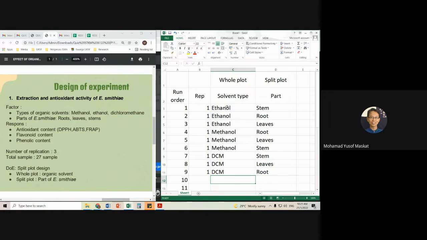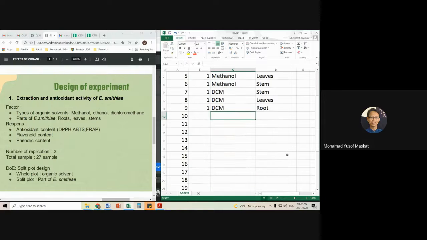So in the lab, the first run uses ethanol, then she has to switch to methanol, and then maybe back to ethanol, and then DCM, etc. As opposed to a split plot, where she only handles the ethanol, then the methanol, do it for all, then the DCM, do it for all. And then do it for the second reps.